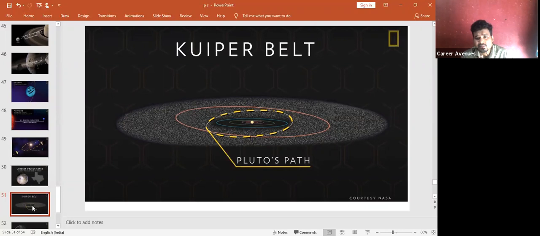This is the difference. Comets belong to the Kuiper belt, which is beyond Neptune, and Pluto is a part of this Kuiper belt. That's why it is not considered a planet. It is a dwarf planet. Some comets are even the size of Pluto, so that's why we consider Pluto a dwarf. See, this is the path of Pluto.